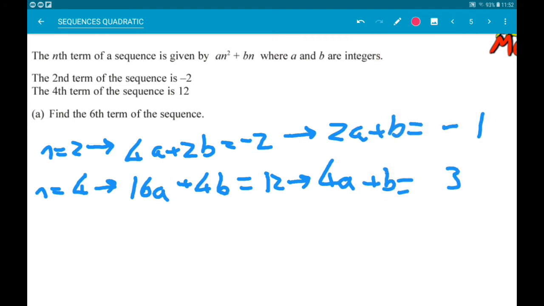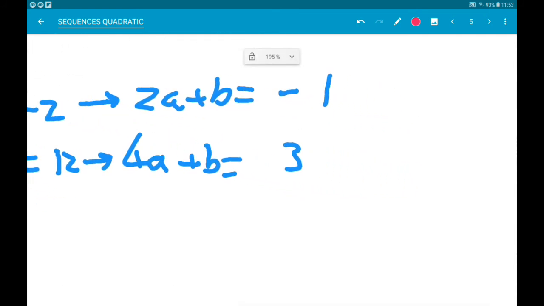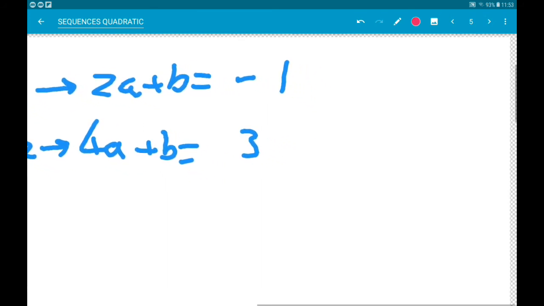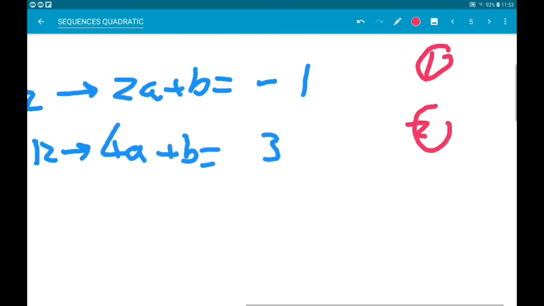So we now have two equations in terms of a and b. So we can now find the values of a and b. So let's call the top 1 and the bottom 2. Now both of them have a single b in them. So we're going to get rid of b.